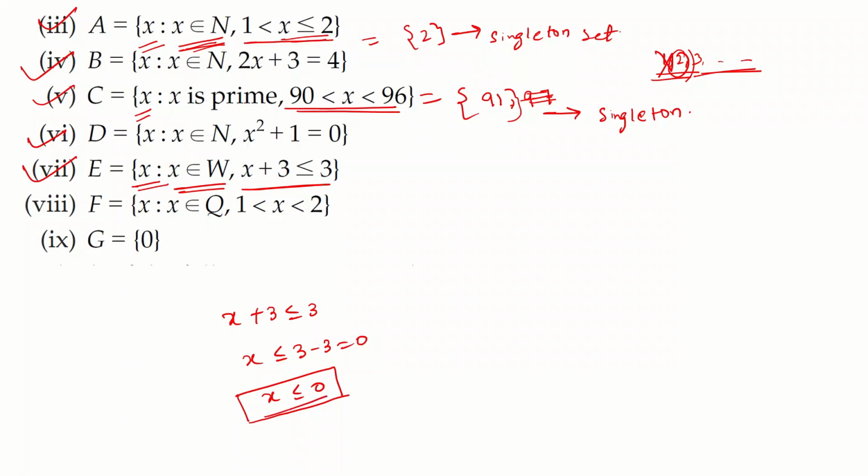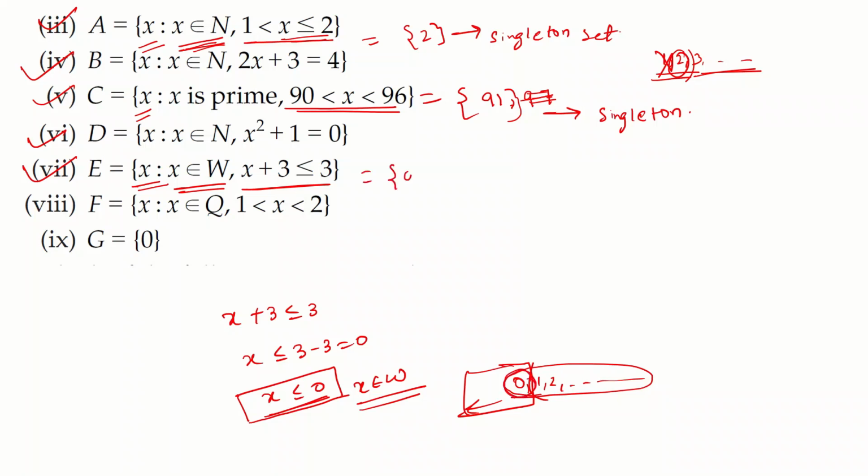So x has to satisfy this inequality as well, and x has to belong to the whole numbers as well. Whole numbers are 0, 1, 2, and so on. So x has to be less than or equal to 0 only, and x has to belong to this set as well. So 0 is the only such number, right? So this is {0}, again a singleton set.